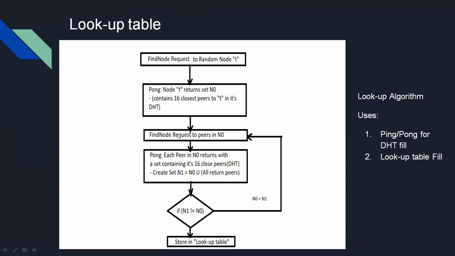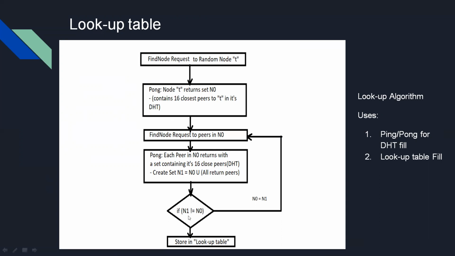Now the lookup algorithm queries with a find node request all 16 nodes present in the set N0. Now all 16 nodes return with their individual sets. Now we create N1, which is equal to N0 union all these sets. And then we prune this N1 so that it contains only the 16 closest peers.